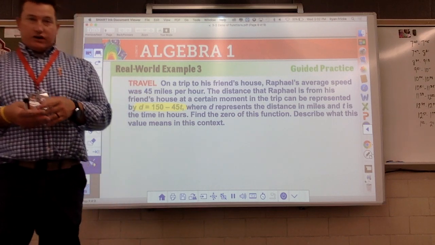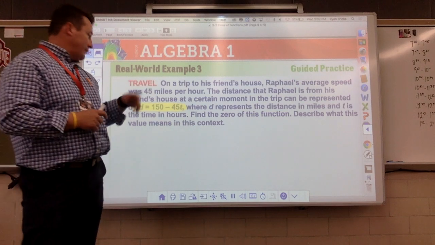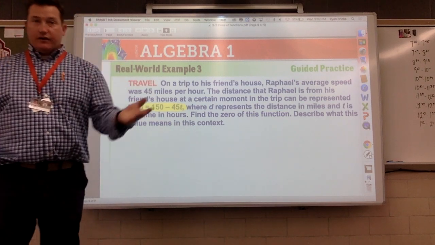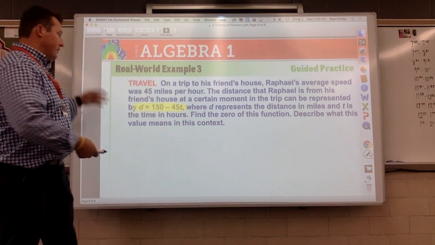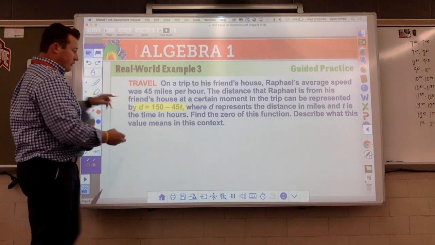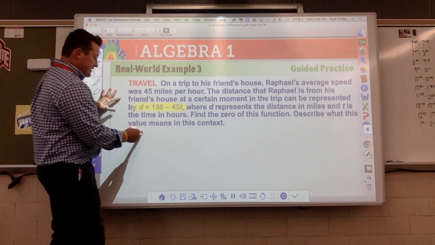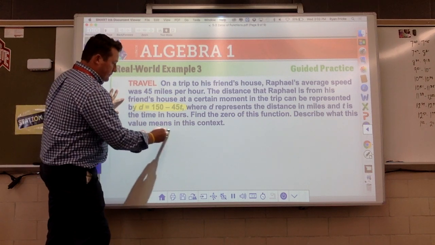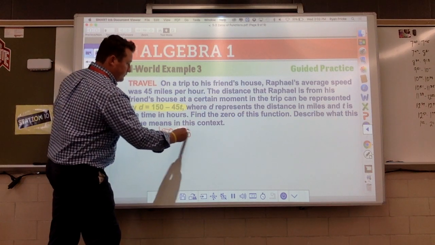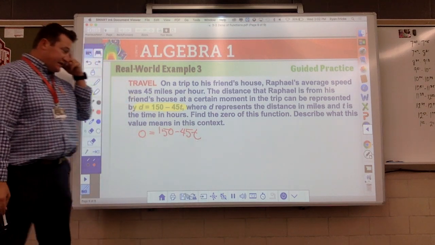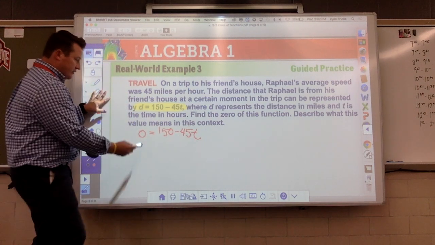So again, we should start to notice a pattern. We're going to find the zero, describe what it means, and find the domain and range. Again, set your function equal to 0 to find a zero. Make sure your t's look like t's, people. Subtract 150 over here.